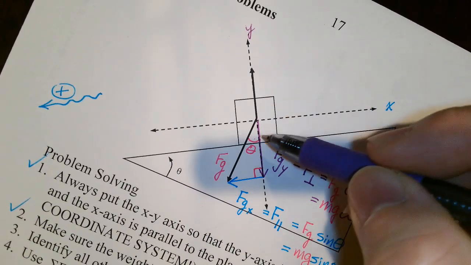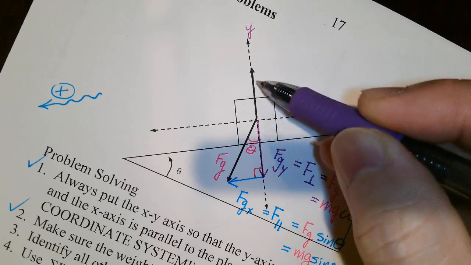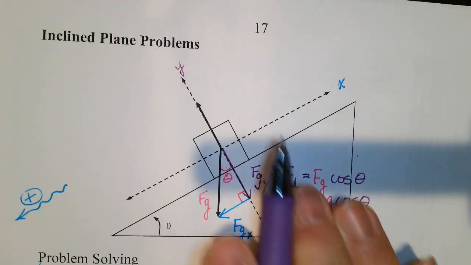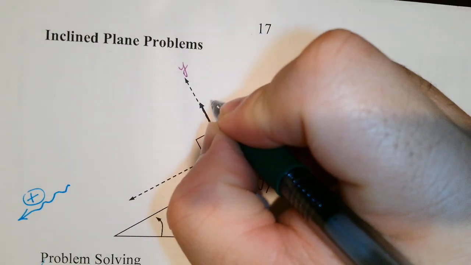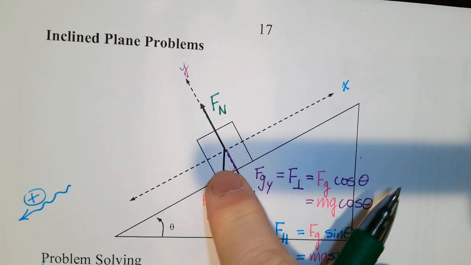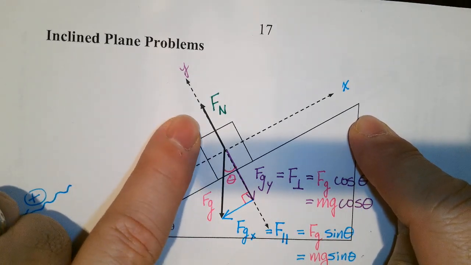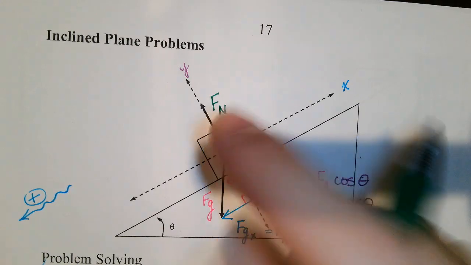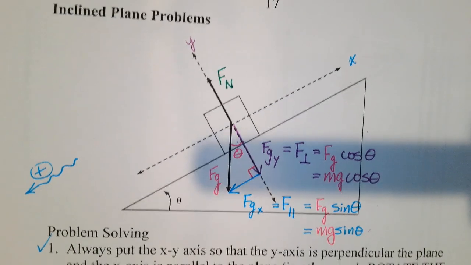So the force coming from the surface to the object, that is my normal force. My normal force, by definition, is perpendicular to the surface, and it is a supporting force. So my F normal is this. Okay?